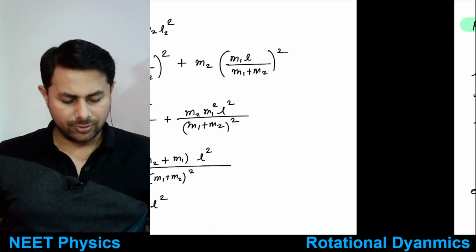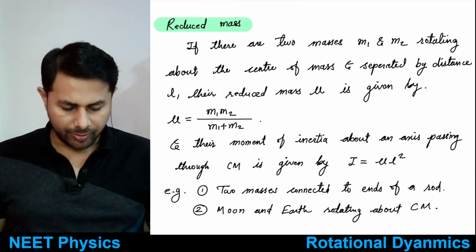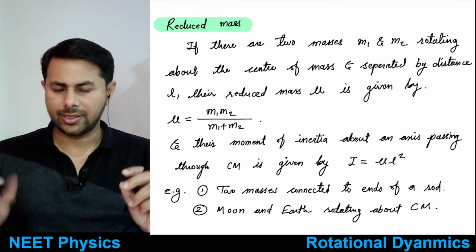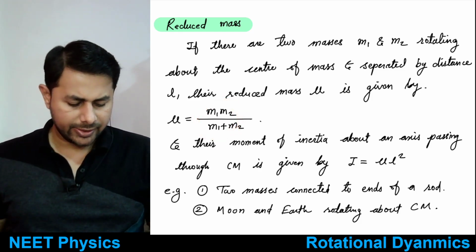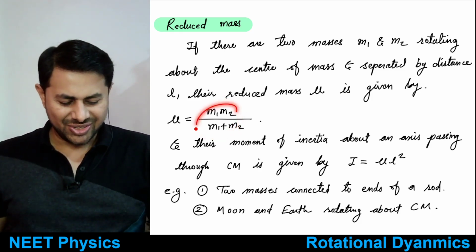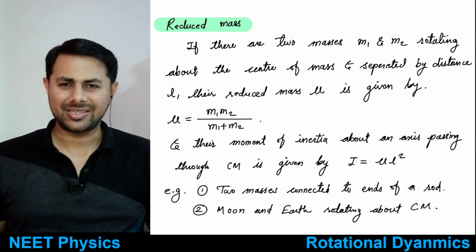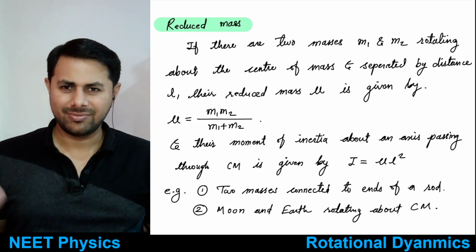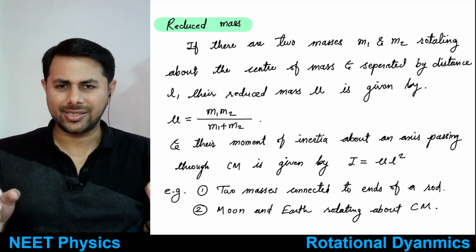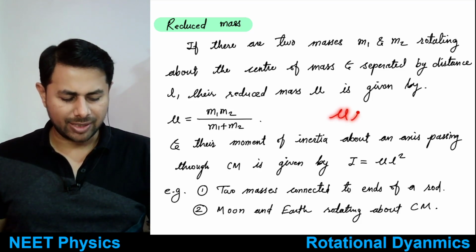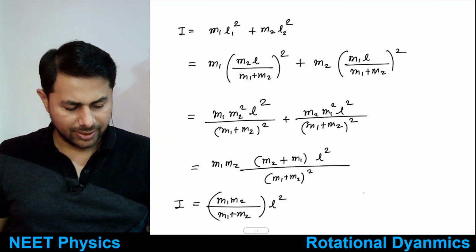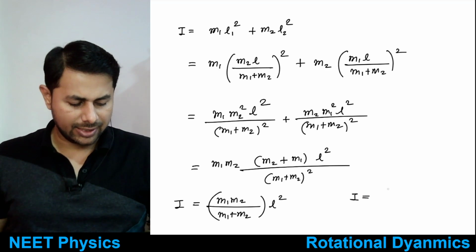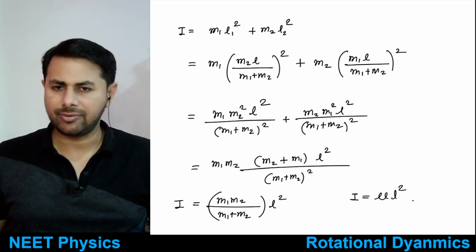So now if you want to find the moment of inertia of two objects about the center of mass, you take the reduced mass of the system, m1 m2 divided by m1 plus m2, and the distance between the two objects is suppose L. Then the moment of inertia is just mu multiplied by L square, where mu is the reduced mass. So you can write the moment of inertia I is equal to mu multiplied by L square.